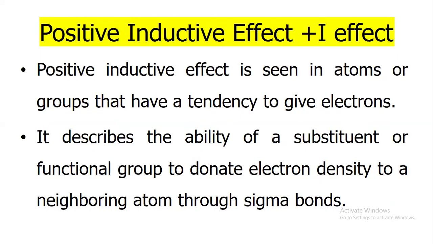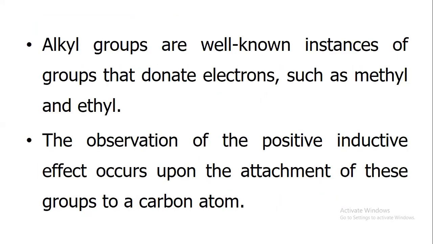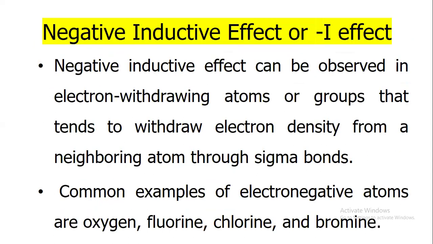It describes the ability of a substituent or functional group to donate electron density to a neighboring atom through the sigma bond. Alkyl groups are well-known instances of groups that donate electrons, such as methyl and ethyl. The positive inductive effect occurs upon the attachment of these groups to a carbon atom.